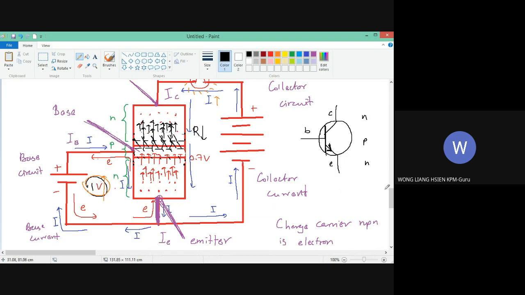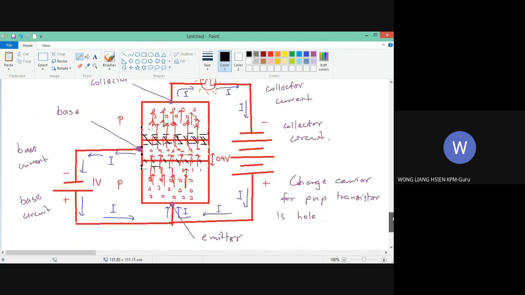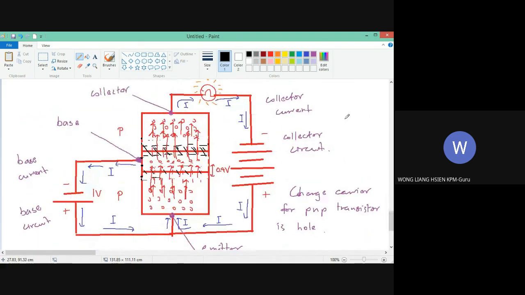And then for the PNP, the way that you draw the symbol is the same: your circle, one line here. So this is the base. And then same thing. See here, what is the direction of the current flow? Well, this is PNP. So the current flows from the P, from the positive to the negative. From the positive layer to the negative layer.